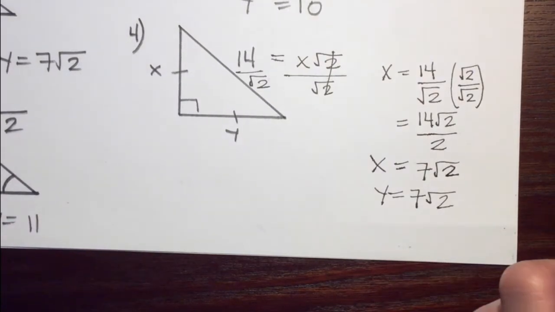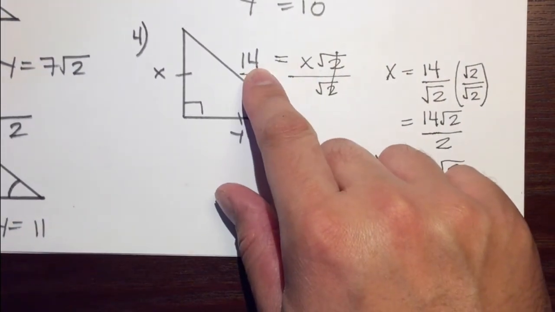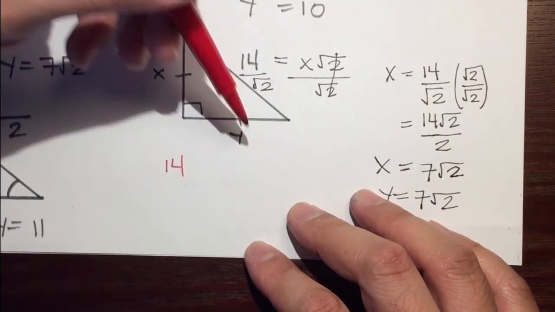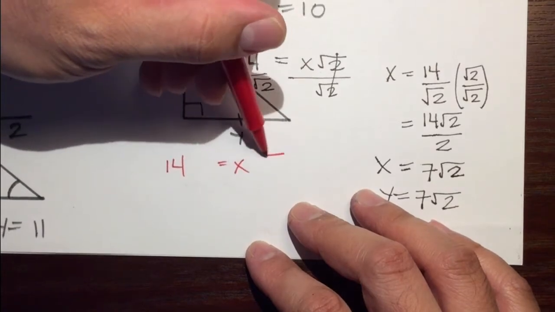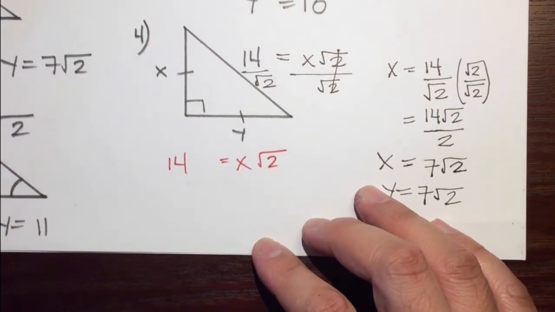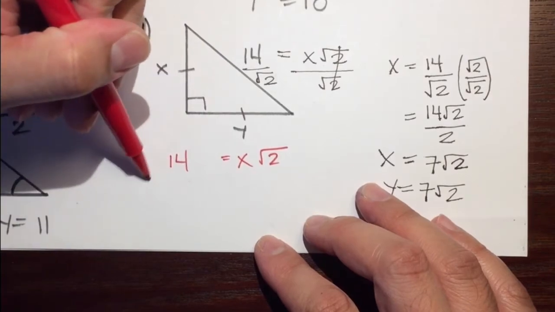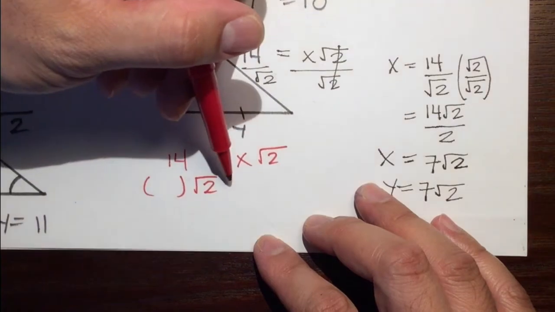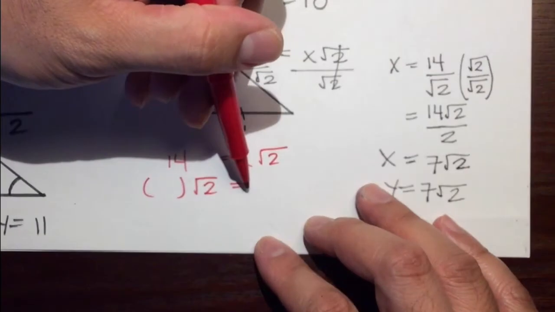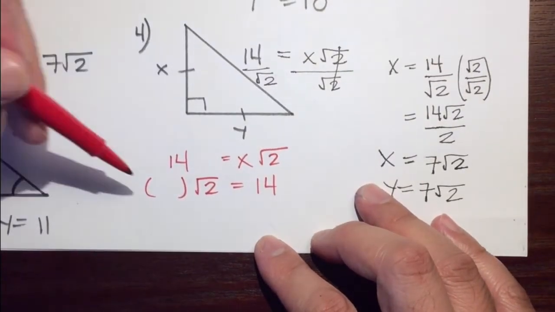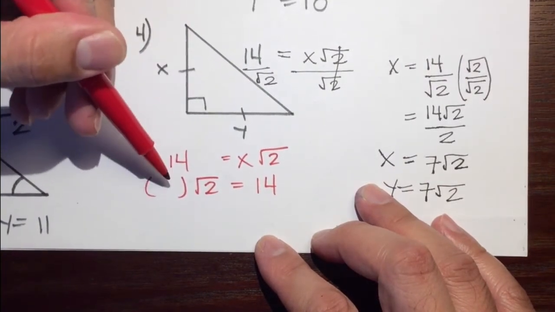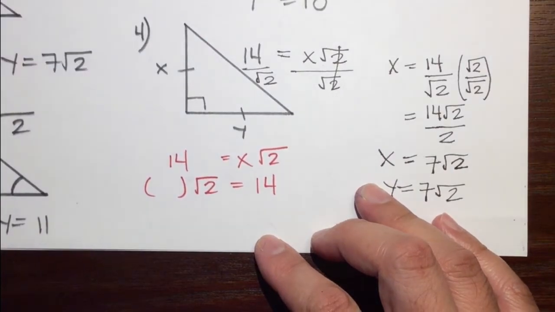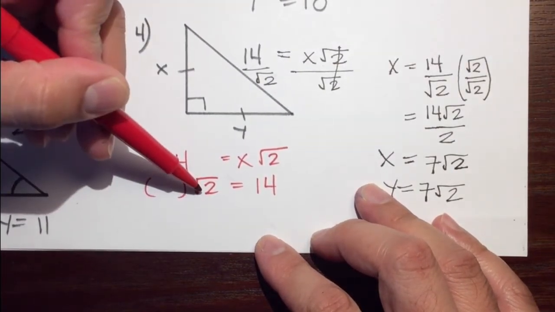Second way is, we know that the hypotenuse is 14 and it's equal to x radical 2. Let's separate this. I want to figure out what times radical 2 is equal to 14. And whatever's in here would be my legs, because remember the hypotenuse is the leg times radical 2.